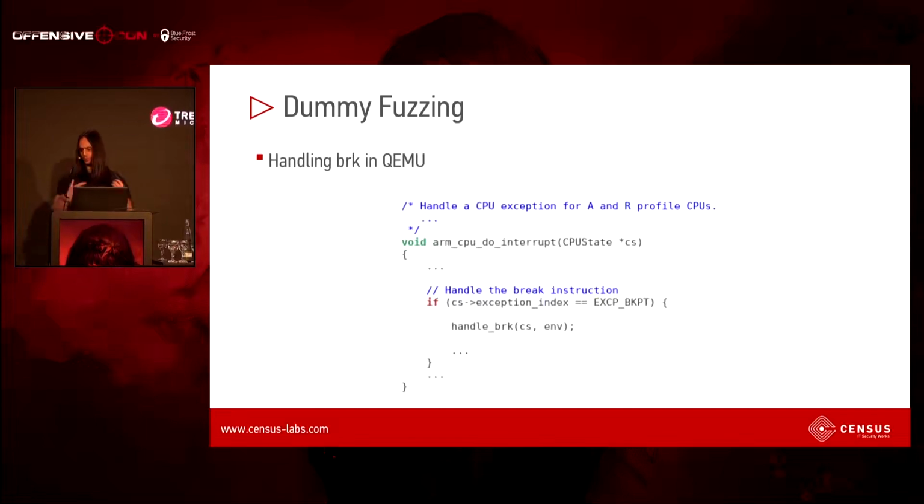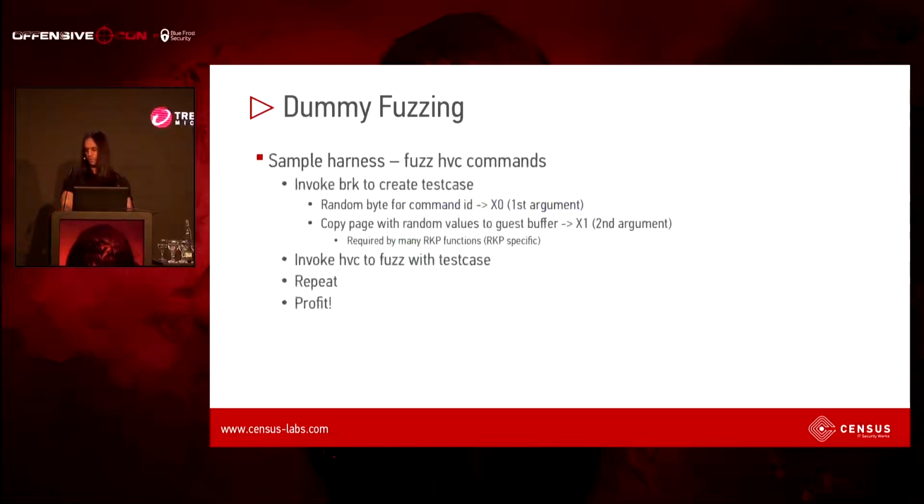This is how we handle the break instruction in QEMU. It's the ARM CPU do interrupt function. We get the exception reason from the field exception index, and we inject our functionality in handle BRK. We have created a simple harness to fuzz commands. So BRK moves on to QEMU.